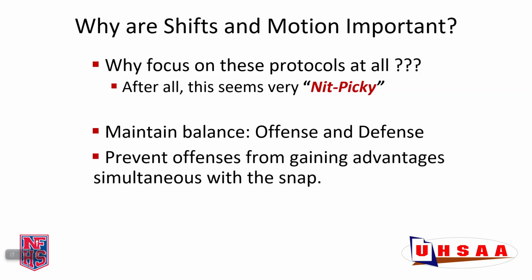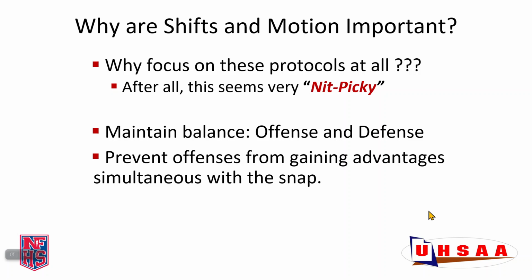It also prevents offenses from gaining advantages that occur simultaneous with the snap due to movements that they make prior to the snap. As they're doing their movements, they have the opportunity to confuse and disguise what they're going to do offensively. This creates an advantage for them. If they do it illegally, then the advantage moves into the realm of either an illegal motion or an illegal shift.